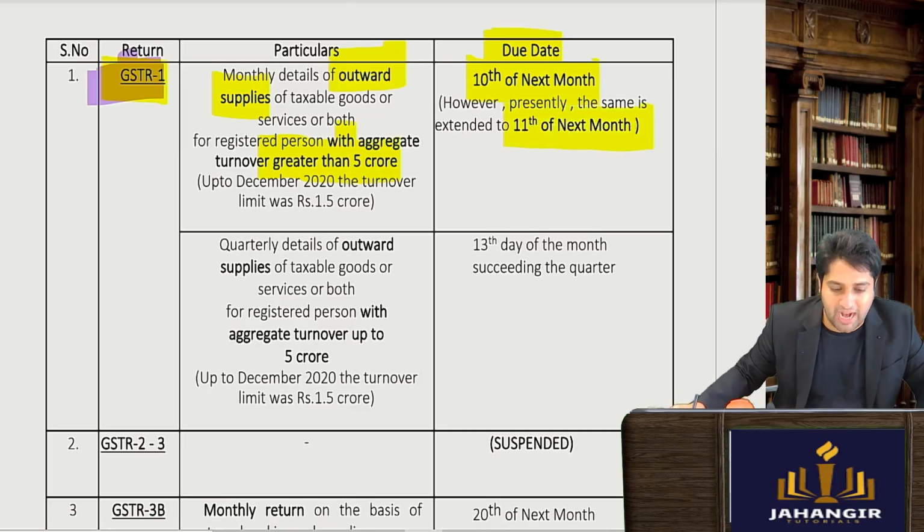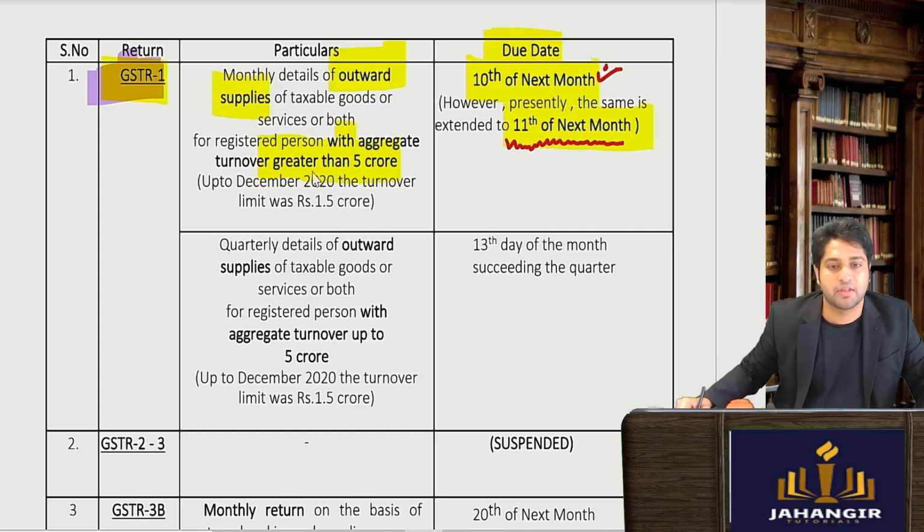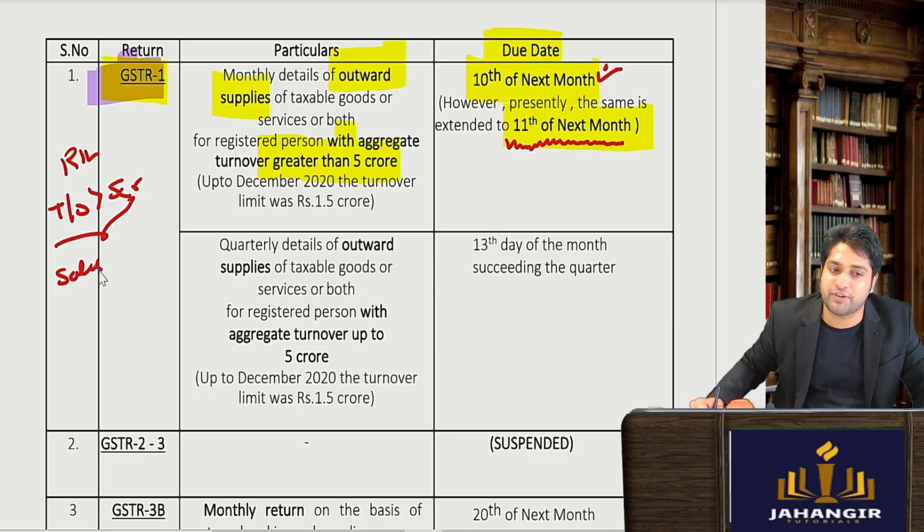ठीक है, तो एक्ट में लिखा है कि 10th of the next month, but government has a power to extend this time. So currently they have kept it as 11th of the next month. So let's say if my company like Reliance Industries, they have a turnover of greater than 5 crores. तो उनको कब रिटर्न फाइल करना है? उनका GSTR सेल्स की रिटर्न्स कब फाइल करना है?